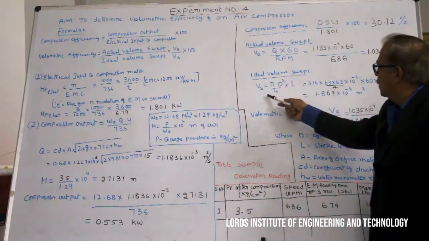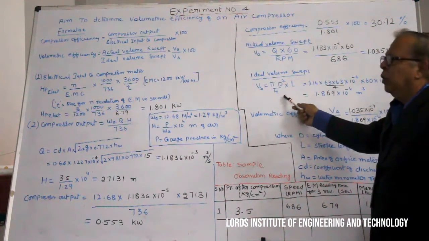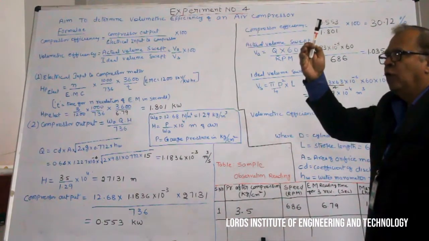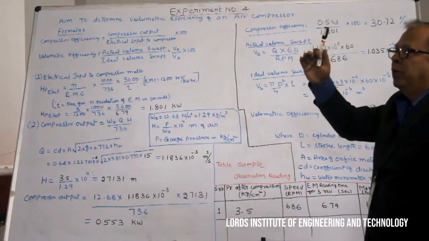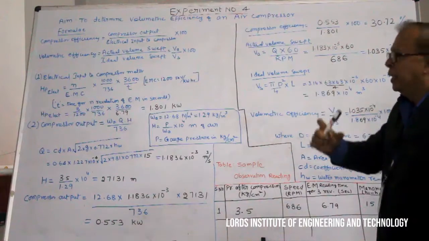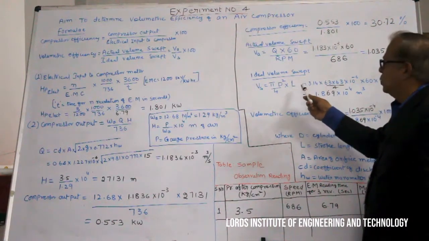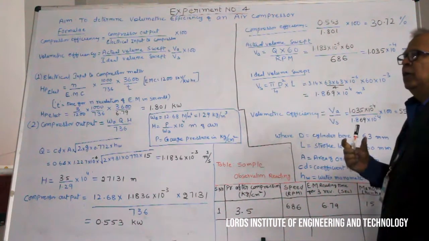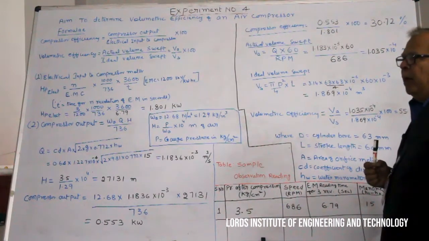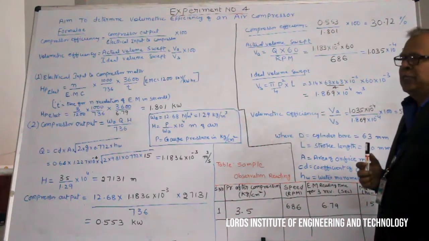This is the area of the cylinder, pi d square by 4, into L, the length of the stroke, that means the distance the piston moves from top dead center to bottom dead center. We know the diameter of the cylinder is 63 mm and the length of the stroke is 60 mm.